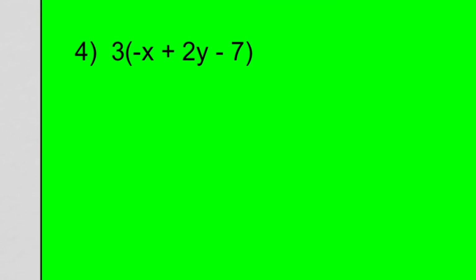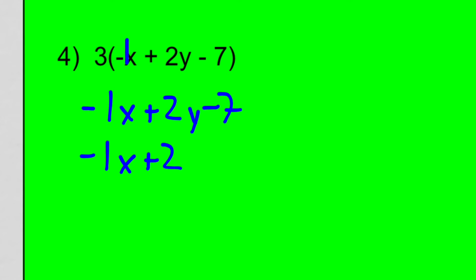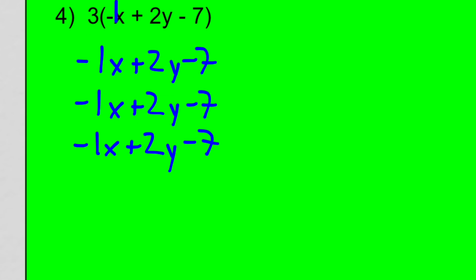Okay, and you can have 3-term expressions. Now this is 3 groups of negative 1x plus 2y minus 7. So I could think of it like this. Negative 1x plus 2y minus 7, and do that 3 times. And then group up my like terms.